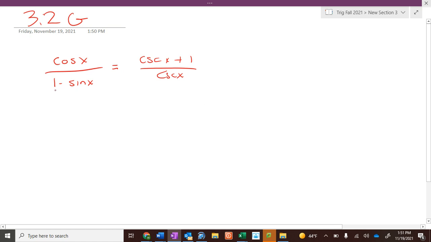So, what's a conjugate pair of 1 minus sine of x? The conjugate pair of 1 minus sine of x is 1 plus sine of x.